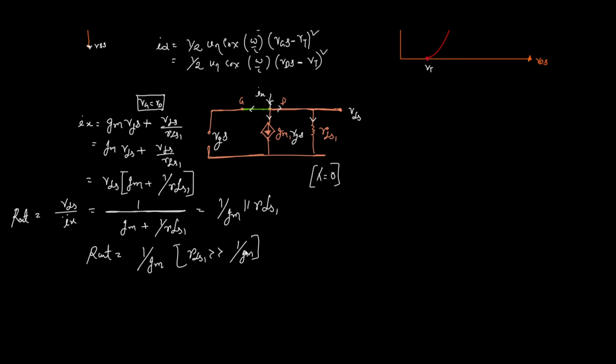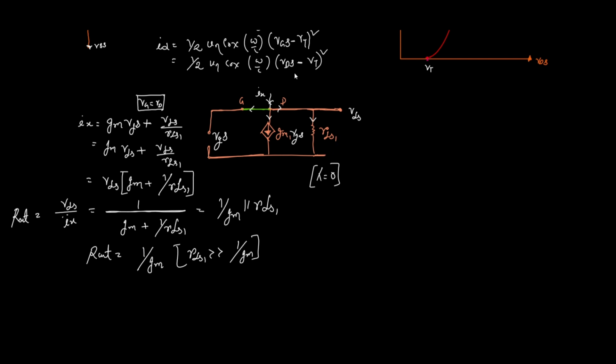The current always flows in the low impedance path. That's why Rout equals 1 upon gm. So we get the output impedance of this diode-connected device.